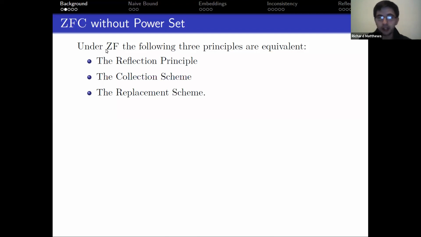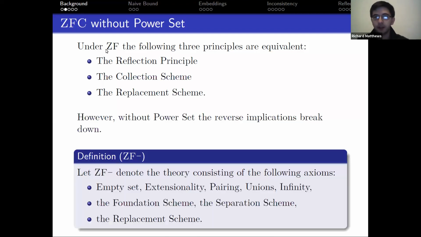However, it is well known that without power set, the reverse implications break down. That replacement doesn't imply collection is a well-known result by Zarach. To my knowledge, the first proof that the collection scheme doesn't imply the reflection principle without power set is in a recent paper by Friedman, Gitman, and Kanovei.